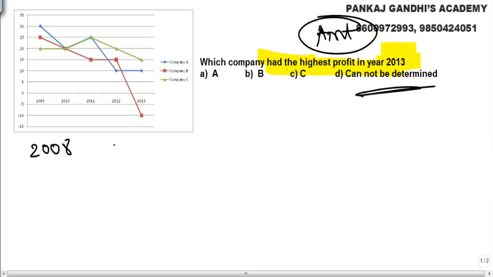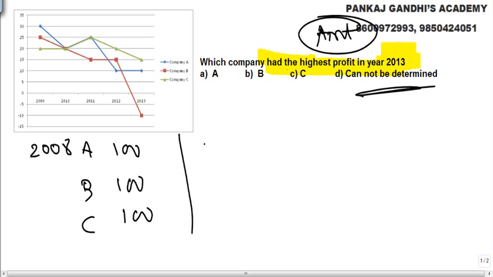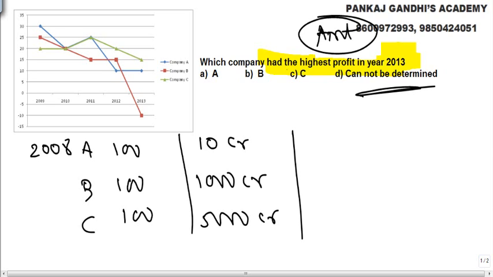In 2008 they all had 100? We don't know what A, B, C started with. It may have happened that A started with 10 crore, B with 1000 crore, C with 5000 crore. It may have happened that A started with 100 crore, B with 50 crore and this with 10 lakh.